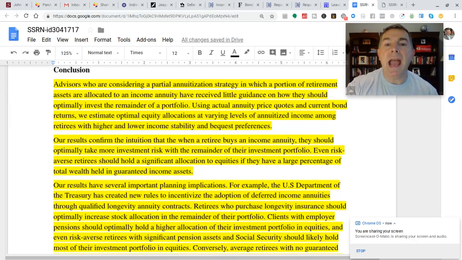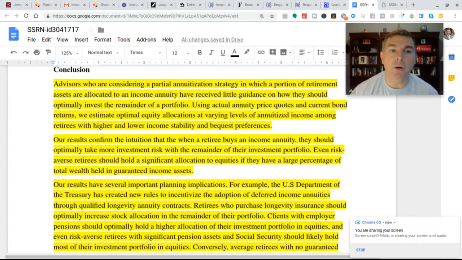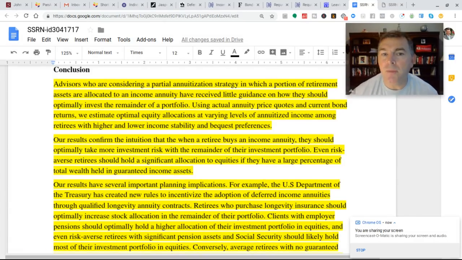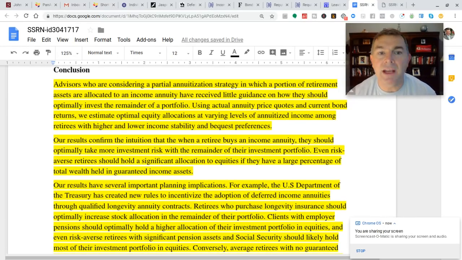Using actual annuity price quotes and current bond returns, we estimate optimal equity allocations at varying levels of annuitized income among retirees with differing levels of stable income preference or risk tolerance. Our results confirm the intuition that when the retiree buys an income annuity, they should optimally take more investment risk with the remainder of their portfolio.